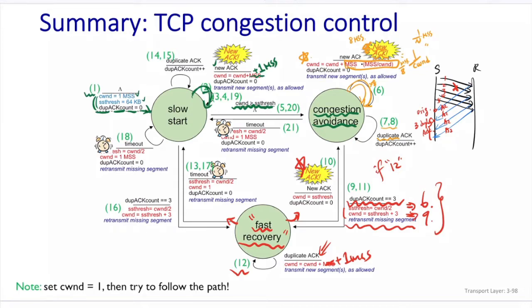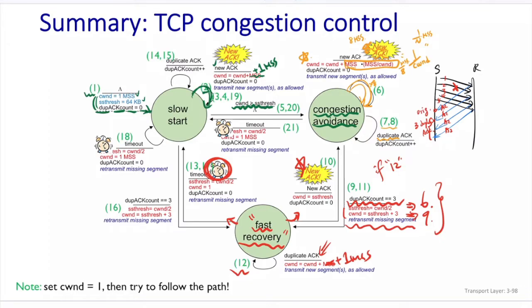The bad part is, at the fast recovery state, if the timer times out, a timeout indicates a worse congestion condition in the internet compared to 3 duplicate ACKs. 3 duplicate ACKs only indicate that we have some problem, but maybe it is not severe.